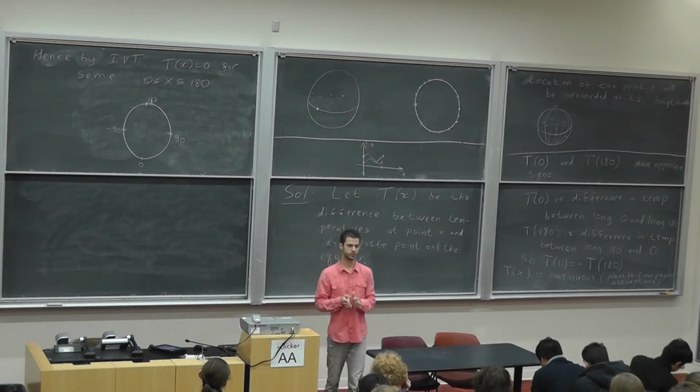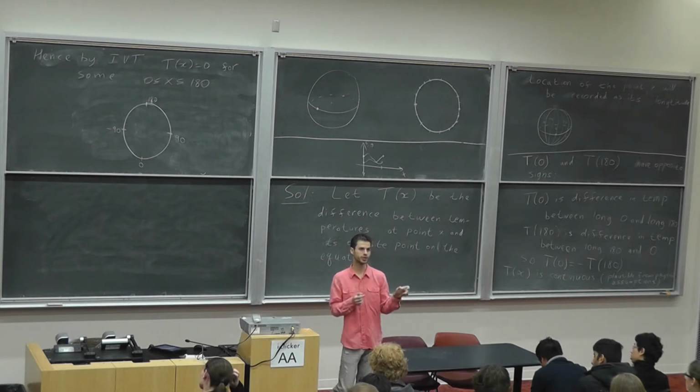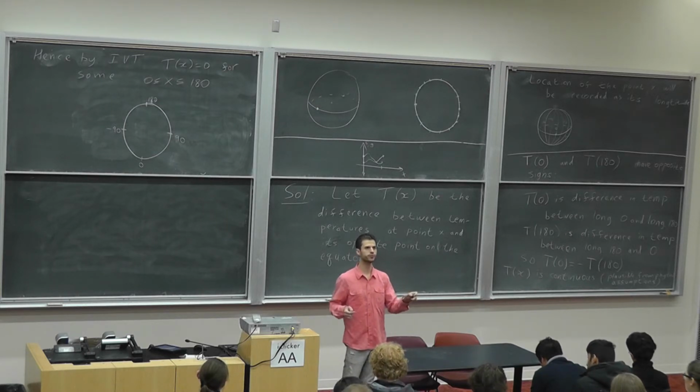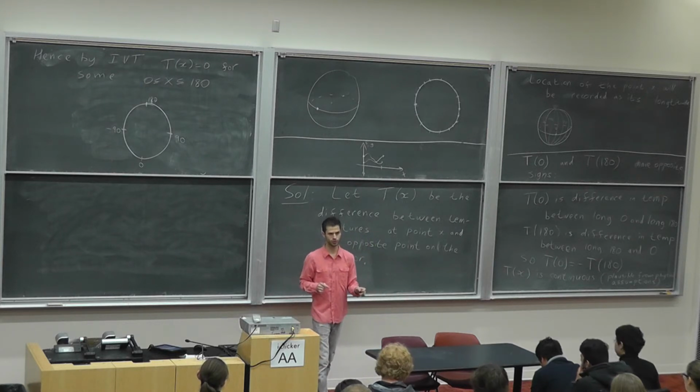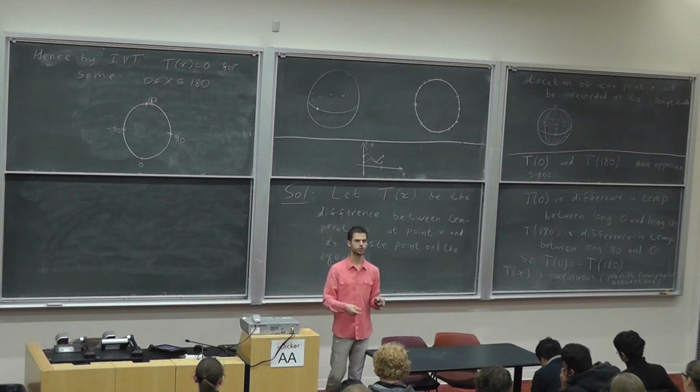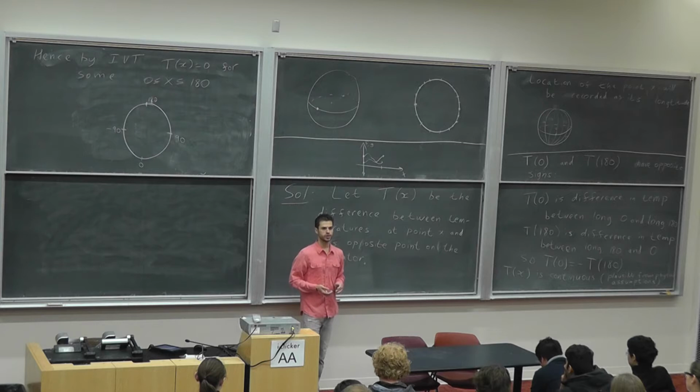And remember that continuity was basically about the relationship between a change in the argument of the function and a change in the value of the function. If the change in the argument of the function is small, for a continuous function, the change in the value of the function will also be small.